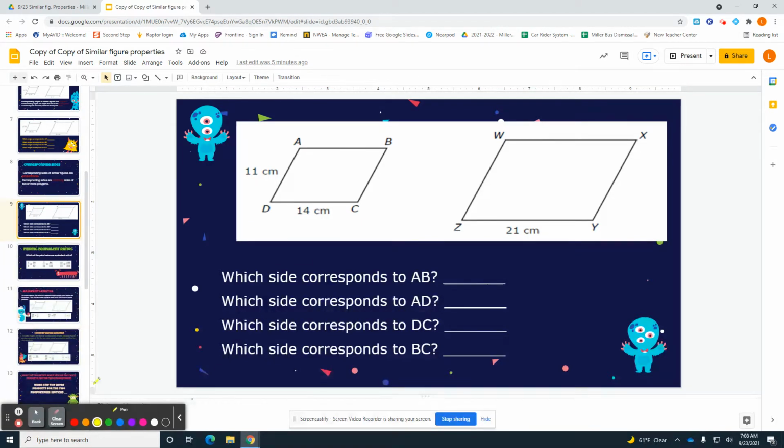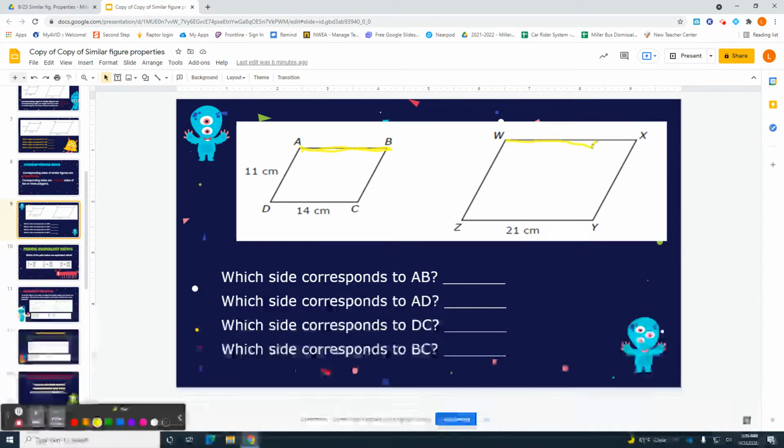So I'm going to color code my sides so I know which goes with which. These parallelograms are facing the same direction, so it makes it easy. Sometimes they are going to be facing different directions, so it might make it a little bit challenging. So I'm going to start with AB. Line AB is up top, right? And that is going to correspond with line WX.